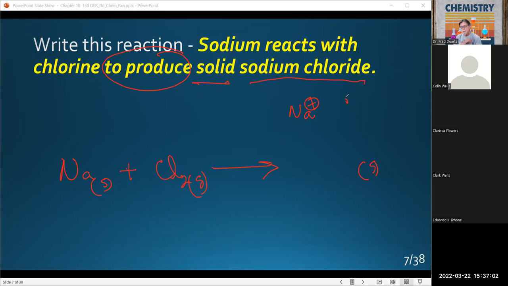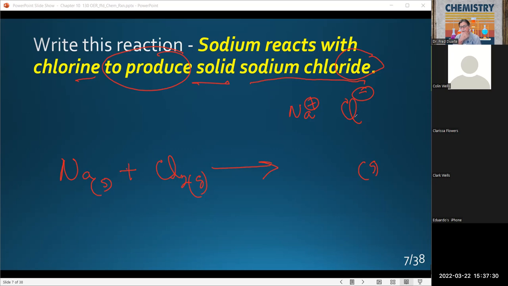Chloride is in group 7. It's a group 7 element. The ending "ide" versus "ine" indicates to you that you're dealing with the ion. It is in group 7, and that means chlorine will gain an electron to produce chloride because it's a non-metal.